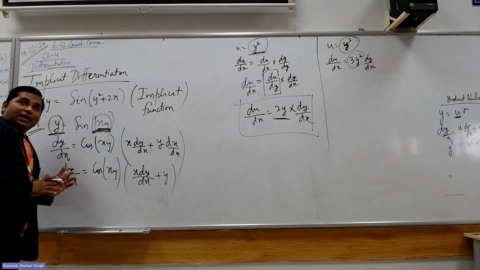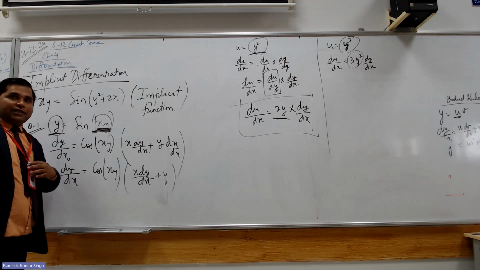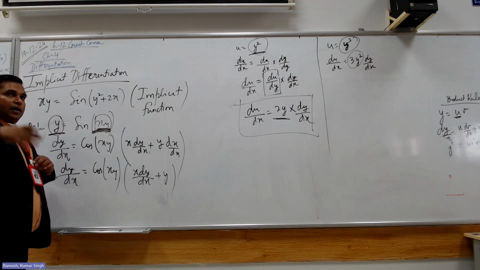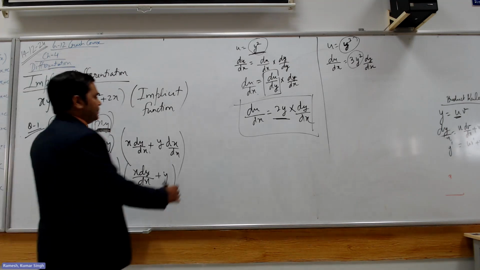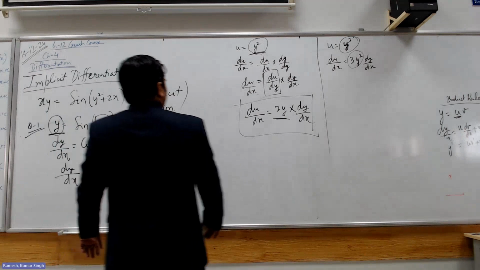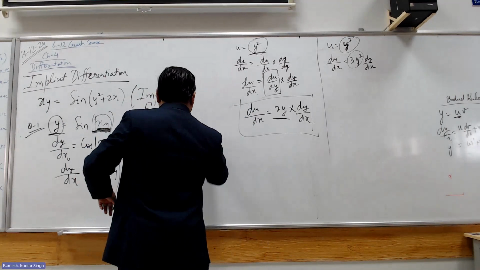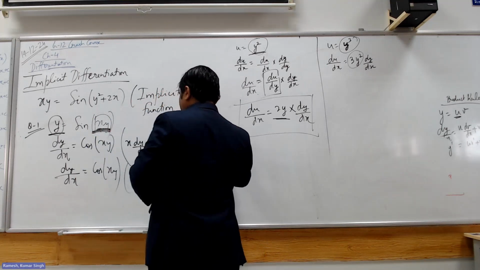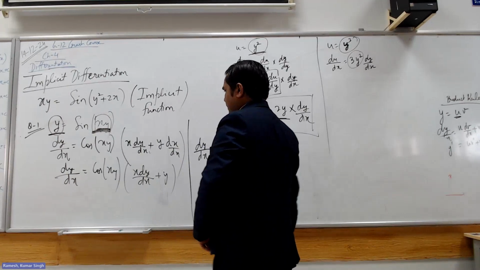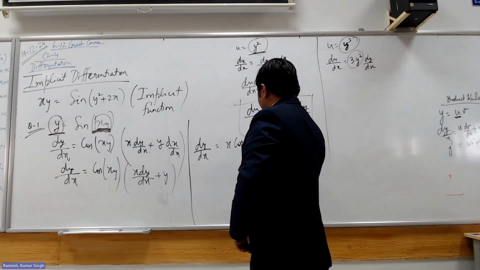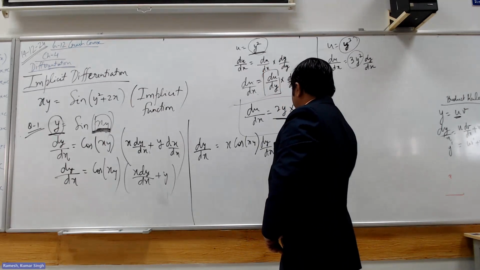We need to make dy over dx the subject, because our answer is going to be dy over dx, right? So let's simplify this. We write dy over dx equal to x cos xy dy over dx plus y cos xy.